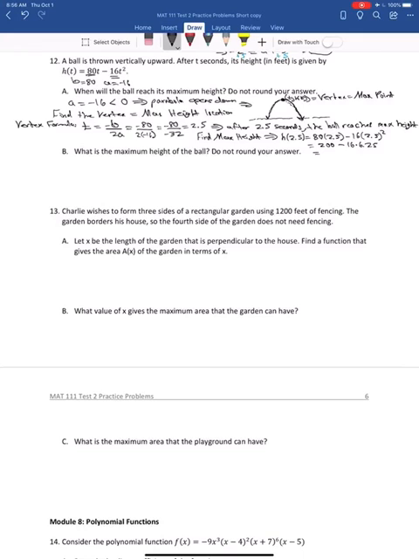All right, so that's equal to, let's simplify down further, 200 minus 16 times 6.25, and I get 100. So there it is, there's 100 what? And this is in feet, it says. So there's our max height, 100 feet.